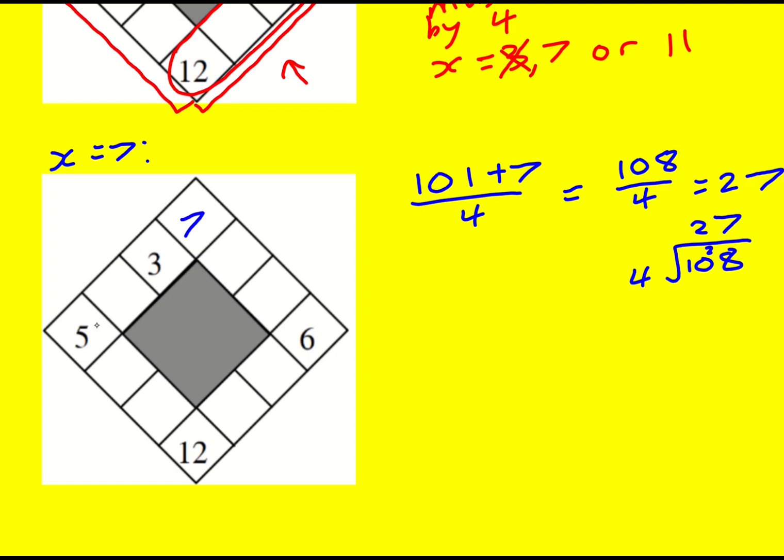Okay, I've got 15 already. Now to get to 27, I'd need to have 12, but I've already used 12, so this is not possible. Okay, I've already ruled out one of them. We're left with x equal to 11.